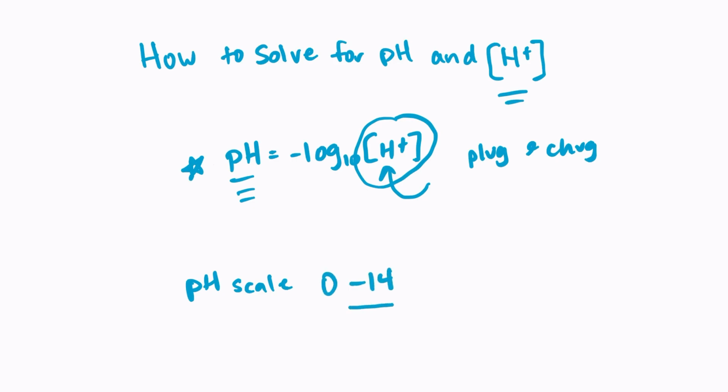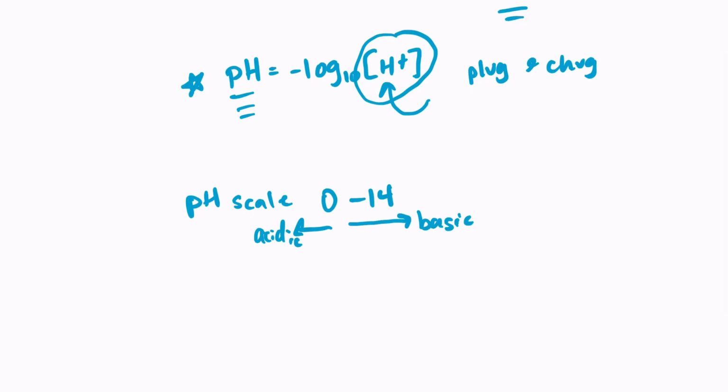And as you go closer towards 14, you're getting more basic. And the lower the number is, the more acidic. So remember, the lower the number, that means there's more H plus. The higher the number, there's less H plus.